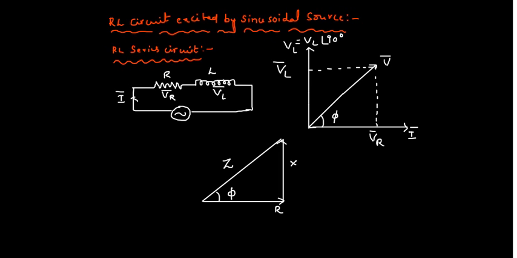So what is the first conclusion we have made? The voltage V leads the current I bar by some angle phi. Why? Because ultimately our resultant is voltage, and we have taken I as the reference, so that is the reason we can write it like this.